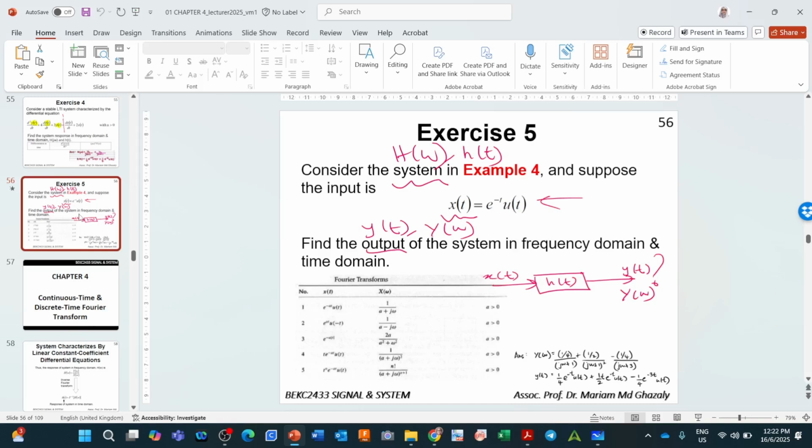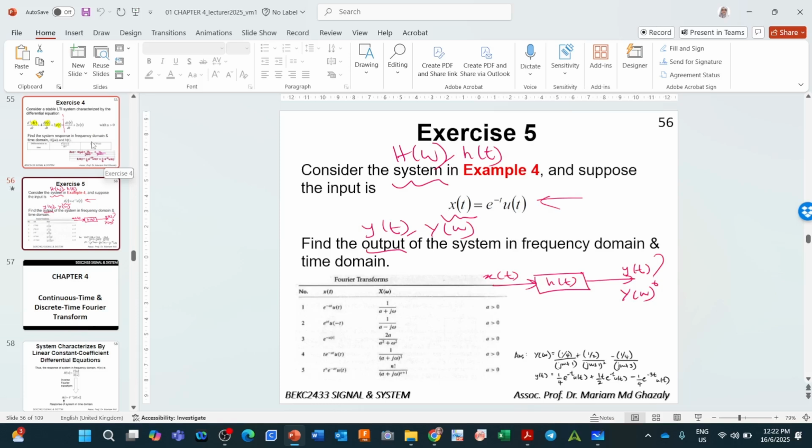This one is easy, this one is difficult. But we need to refer to the Fourier transform table for the conversion. To get the values, how do you calculate? B and C first are easy.